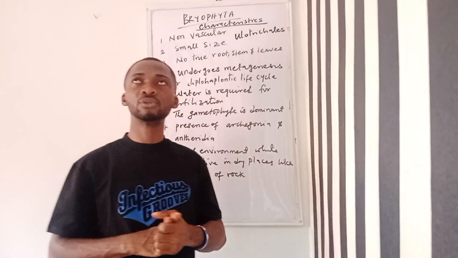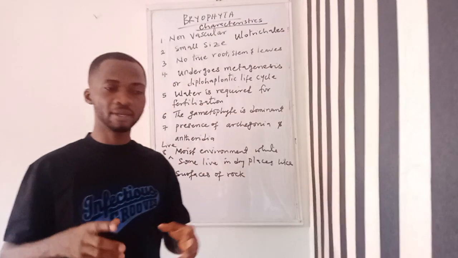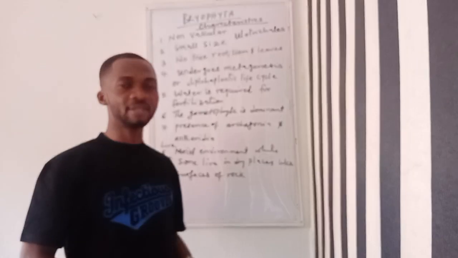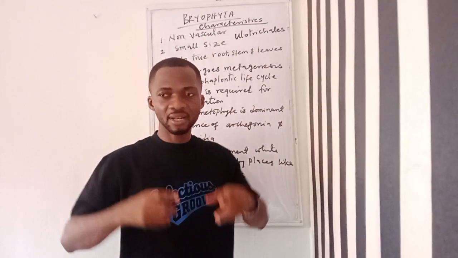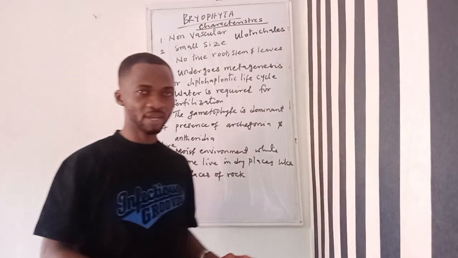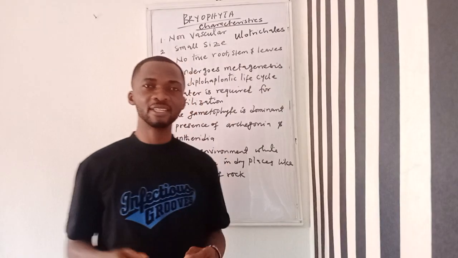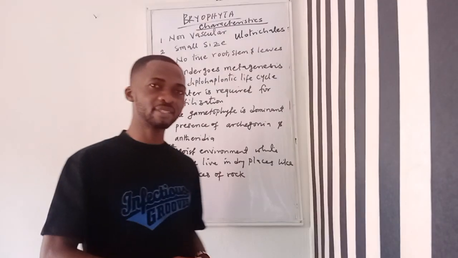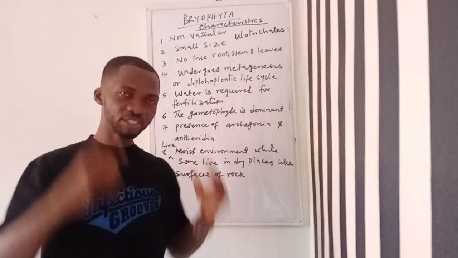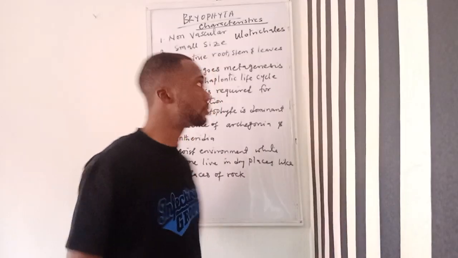Then it's also important to know that Bryophyta is more advanced than algae and less advanced than pteridophyta. And I will tell you why. Bryophyta is said to be more advanced than algae because of the possession of sex organs, the archegonium and antheridium.